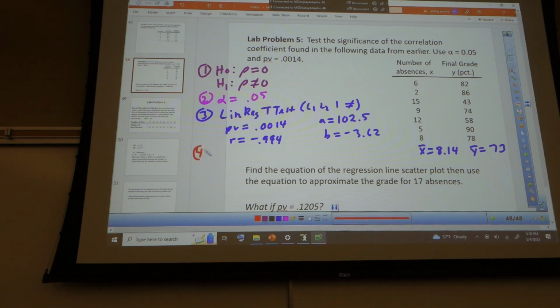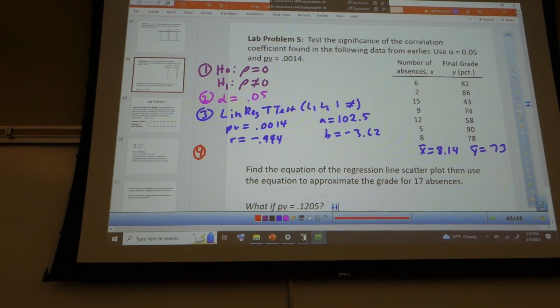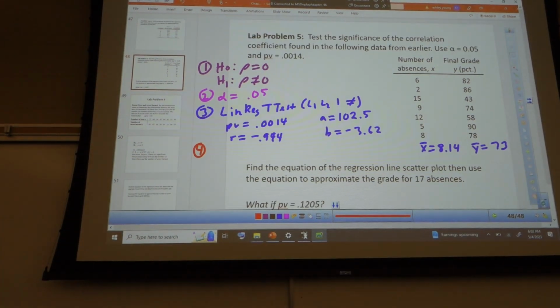All right, so then in step 4, is that where everybody's at right now? Okay, go ahead and finish up your step 4 and your step 5. And then when you're done with that, we'll approximate for 17 absences. Okay, so step 4, you all compared your p-value to alpha.